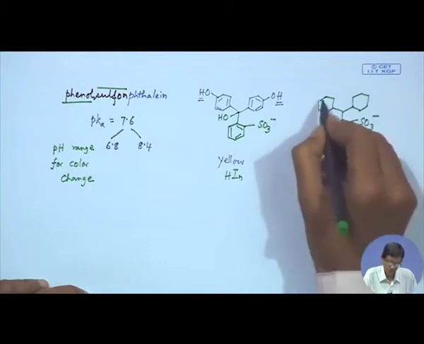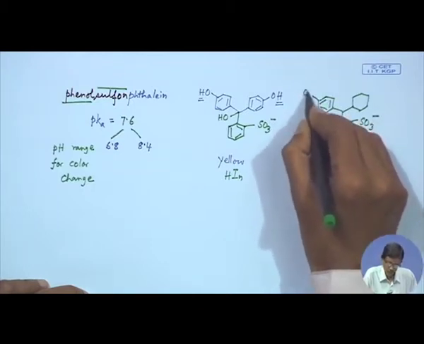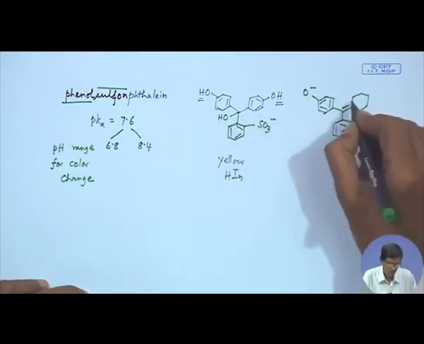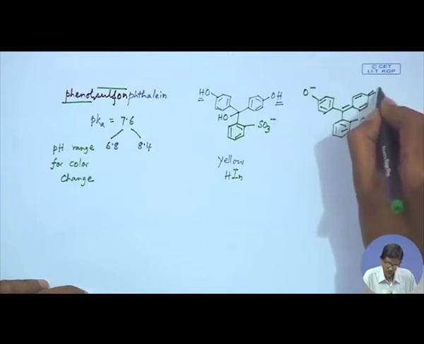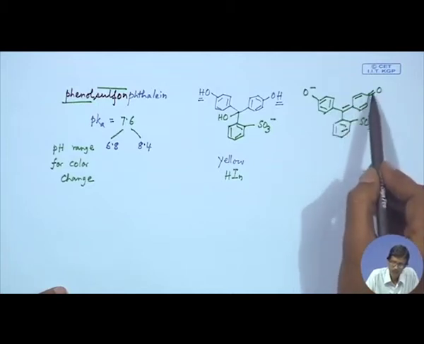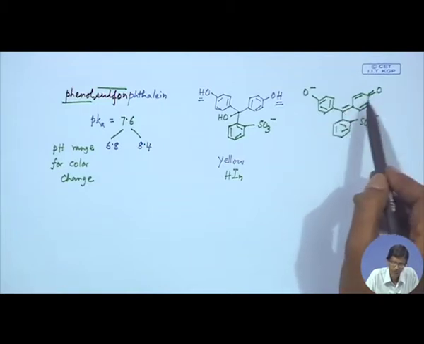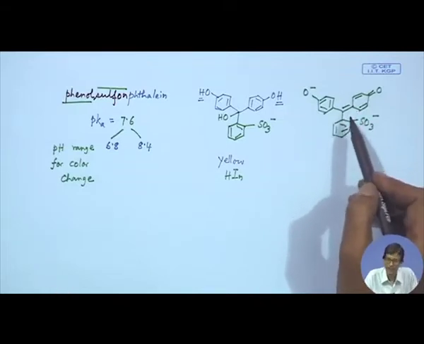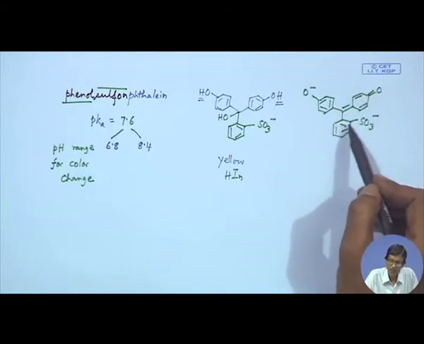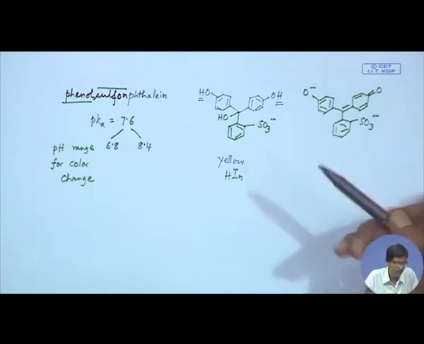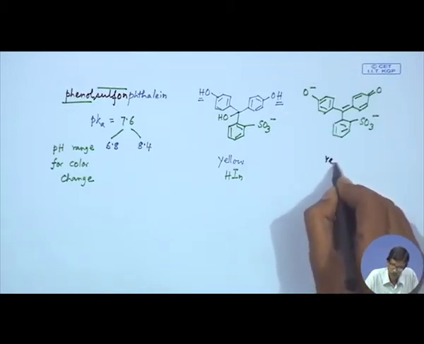Again the SO3 minus unit is there, and this remains as O minus, but with the removal of the hydroxide group the phenol goes to a quinone form. In this quinone form there are more double bonds, the C=O and C=C double bonds, so there is conjugation. The electronic absorption can then be in the longer wavelength, low energy region, and as a result this compound shows a red color.